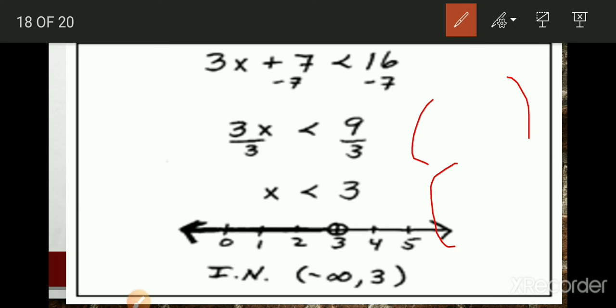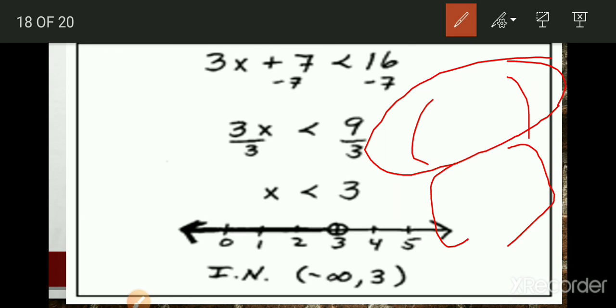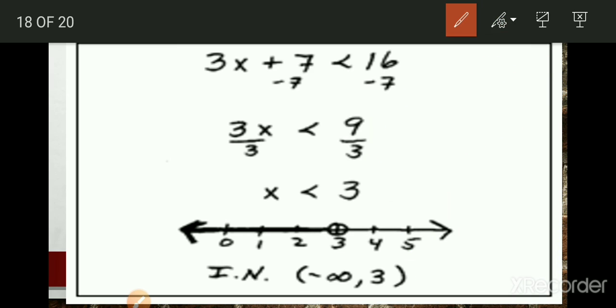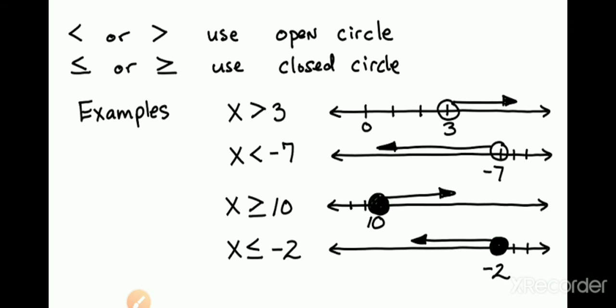When you have the closed circle, we have the big bracket. When we have the shaded portion, we have the big bracket over here, right? We'll see through the problems in the next coming session.